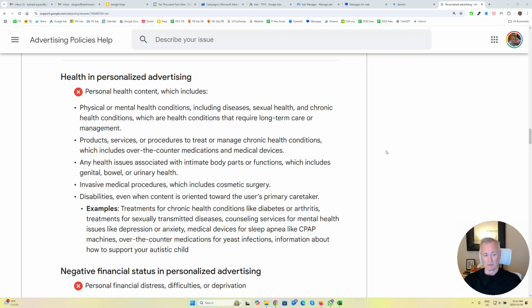The only limit would be the remarketing list that's associated with that campaign. So the only way to get rid of that notice is to remove the remarketing list, and then it should clear. But the reality is you don't need to worry about the fact that it's limited, because it is really just that specific thing. So that's health and personalized advertising.